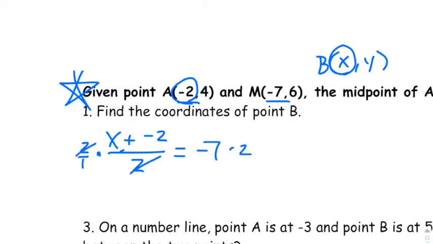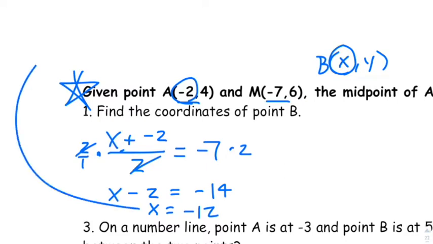So those fractions cancel there. You're left with the x minus 2, or plus a negative is the same thing as minus. So then we got negative 14 right there. Then we'll add 2, so I think you get negative 12. And that is the x coordinate of the other endpoint.